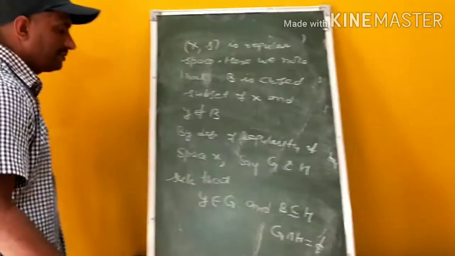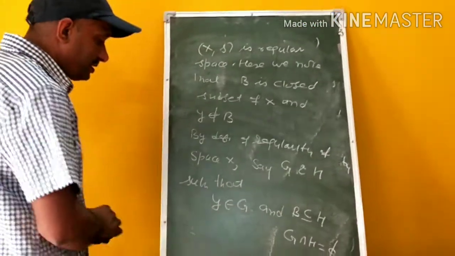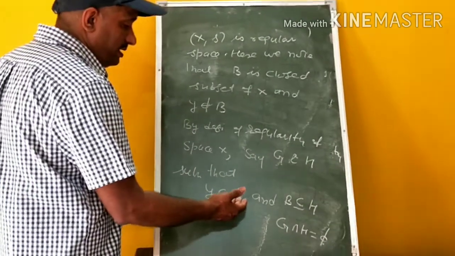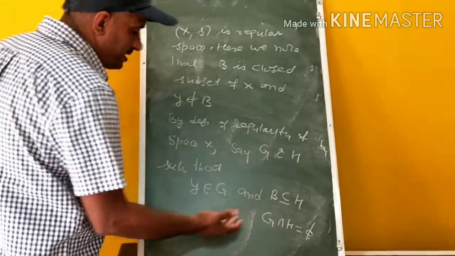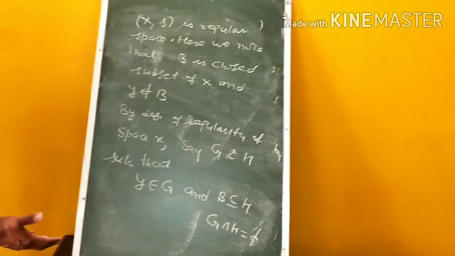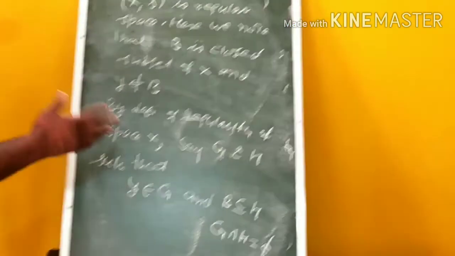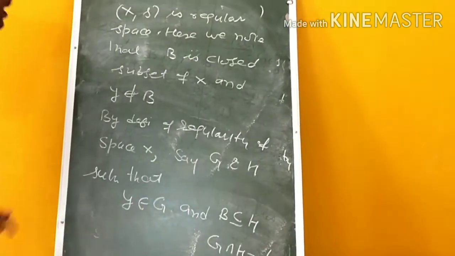Now we find two open sets in topology (X, T). Now we have to construct two disjoint open sets in the related topology, that is, in the subspace Y. How?